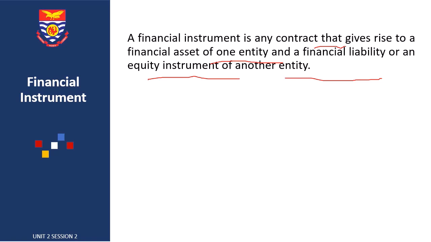So when we say financial instrument, these are the elements in the definition we are looking out for. First, it is a contract, and this contract has to give rise to a financial asset of one entity and a financial liability or an equity instrument of another entity. That is what we mean by financial instrument.